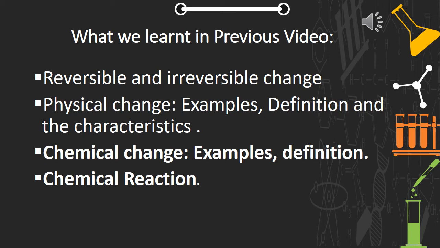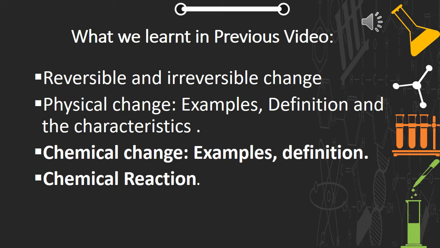Then in video 2 we learned about chemical change, where again we saw a number of examples, and we saw how a new substance is formed, and based on the examples we also defined it.